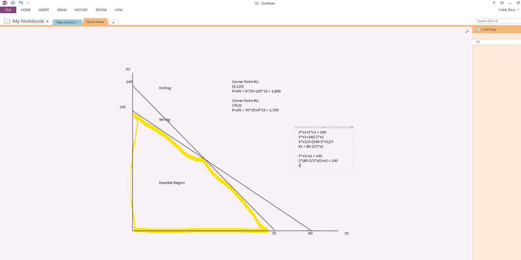If we expand this, we have 160 minus 4/3 times x2 plus x2 equals 140. This simplifies to 160 minus 1/3 times x2 equals 140.